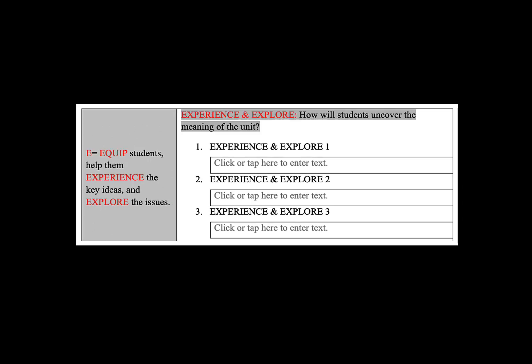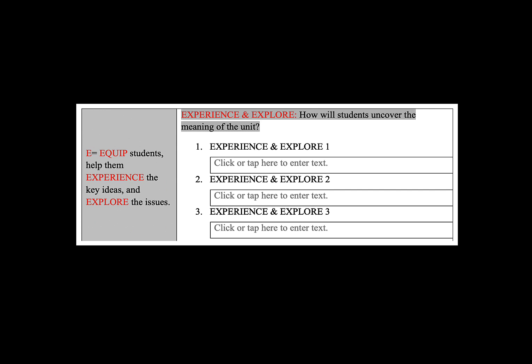In the Experience and Explore section, the first E of WHERETO is linked to the words equip, experience, and explore. The learner must be equipped with the ability to make meaning and later in the unit perform with understanding.